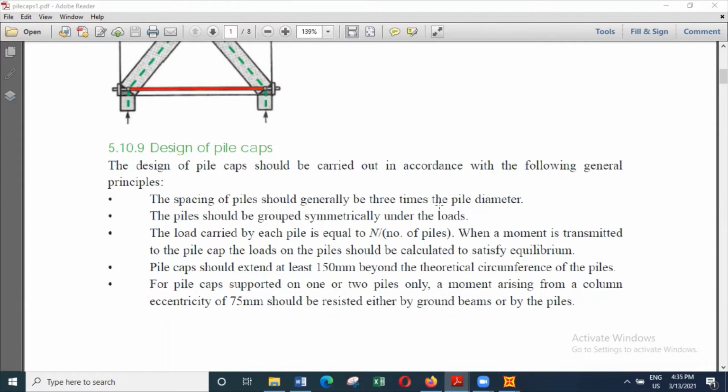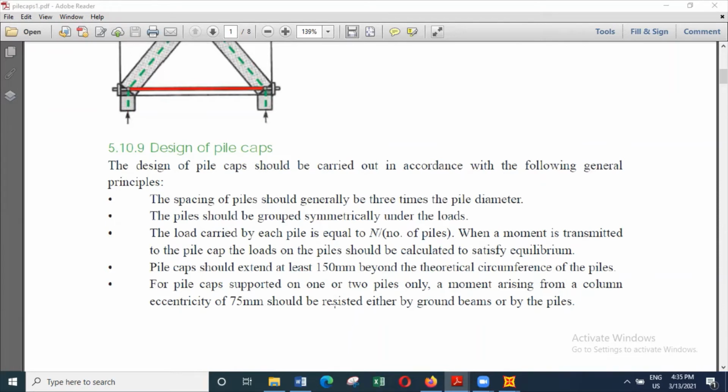And also, it says piles should be grouped symmetrically under load, and if you have a symmetrical arrangement carrying only the axial load, then the load on all piles can be taken as equal. Whereas if the pile group is subjected to an axial load and a significant moment, then some piles will be loaded more than the others.